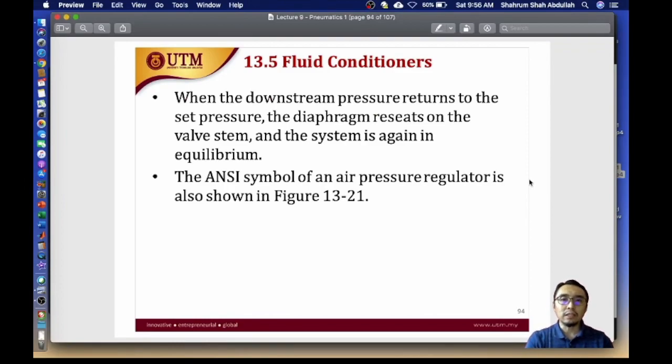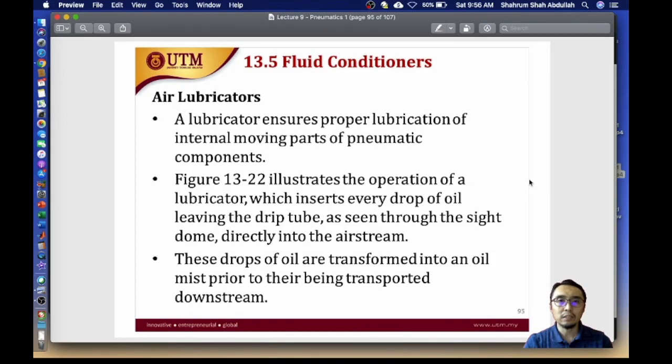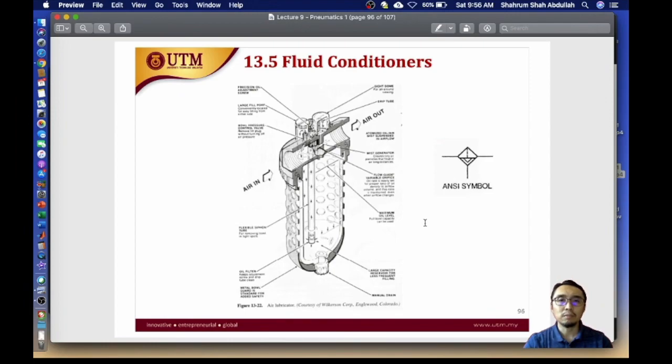Alright, so I think from the video you have a general idea of how a pressure regulator works. And finally, the air lubricator, basically as it says, is to ensure proper lubrication of the internal moving parts of the components, and you will use oil as shown here. So you remove the moisture, you add some oil so that the parts of your pneumatic system are properly lubricated.